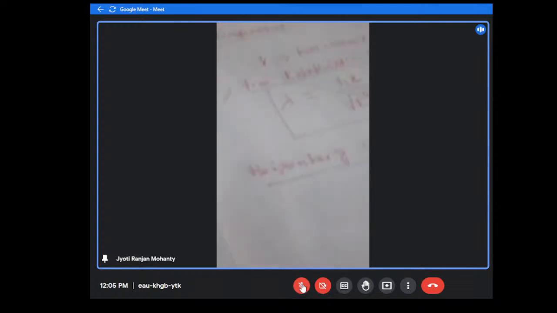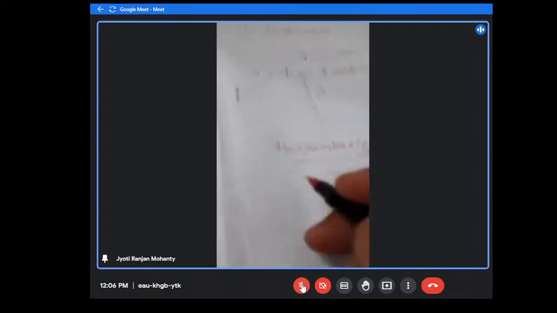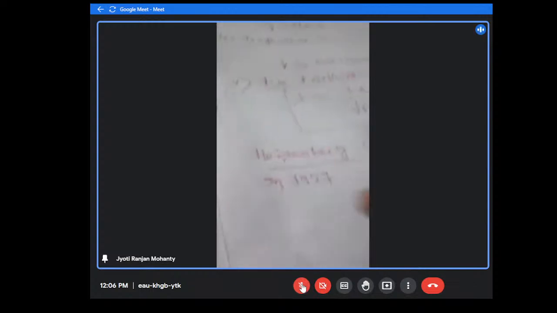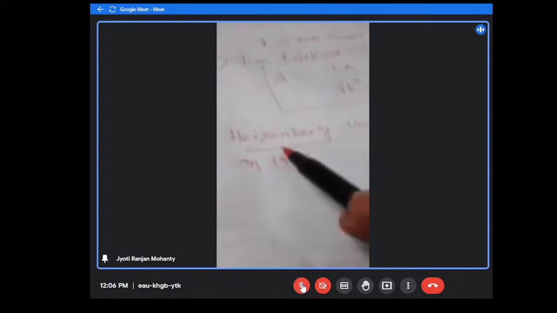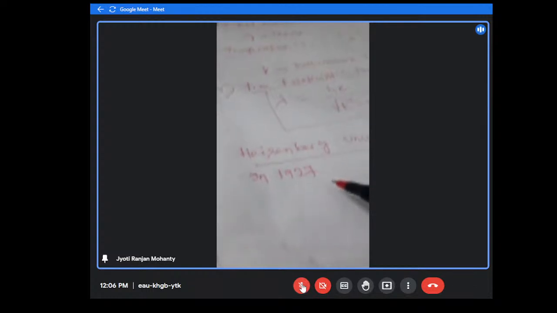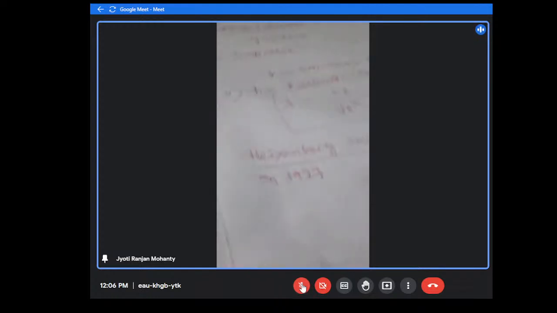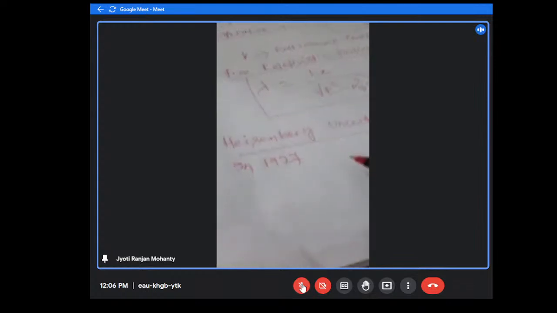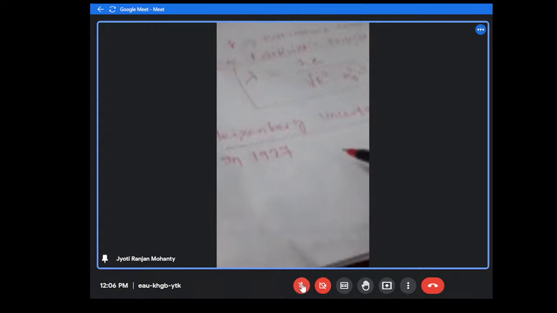Now, in 1927, the physicist Heisenberg proposed a very important principle known as the uncertainty principle. Okay. So Heisenberg proposed a very important principle which is known as the uncertainty principle.